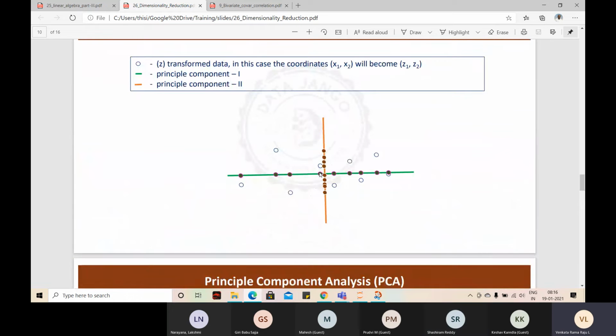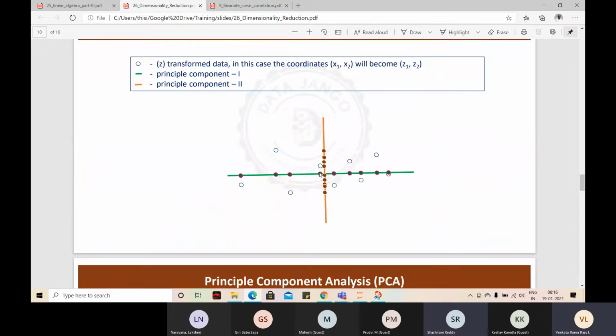The projection and rotation happens in a single shot. When you multiply your principal components with your original data, that's when this happens. This is actually Z1, Z2, Z3. These dots are the Z1, Z2, Z3 values.